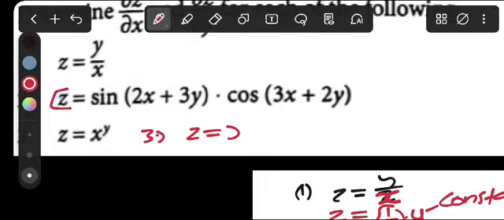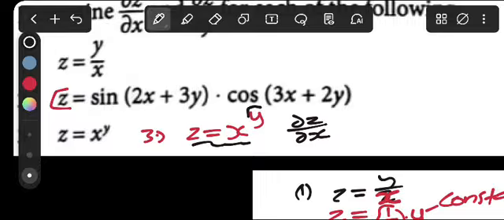z is equal to x^y, like that. All right, so if we differentiate this and take the partial derivative of z with respect to x, y is simply a variable, guys. Apply the power rule. It's like when you have x raised to the power of 3, you drop the exponent and subtract 1. So y will be a constant there.